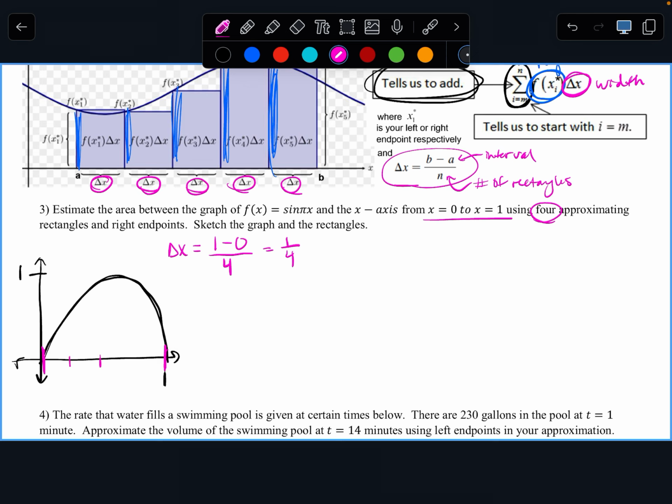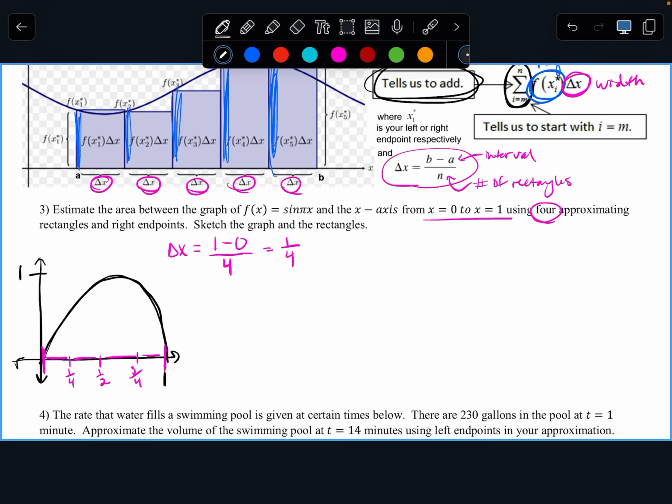So each little width is going to be a fourth. It would be a quarter, then a half, then 3/4, and then 1, each with a width of a quarter. So these are each of my widths.